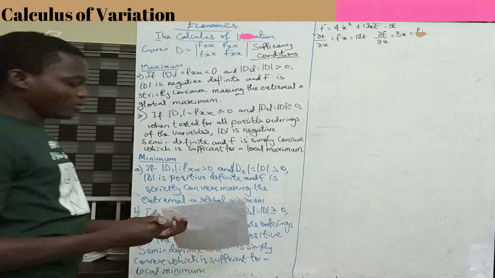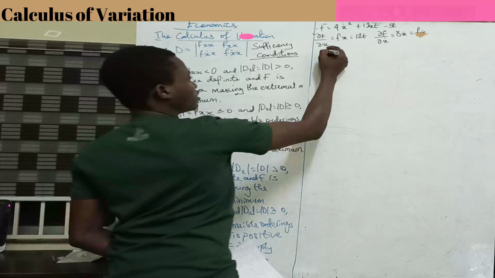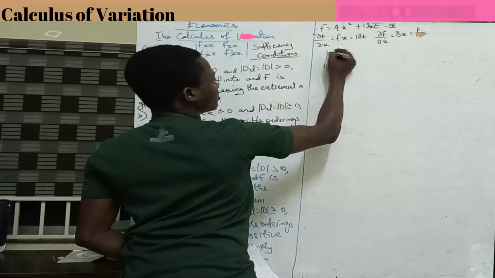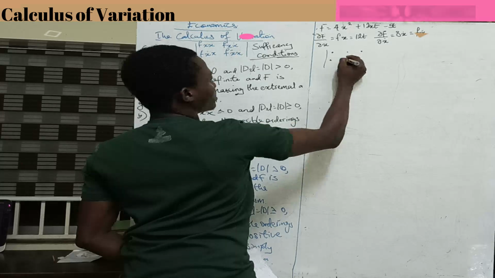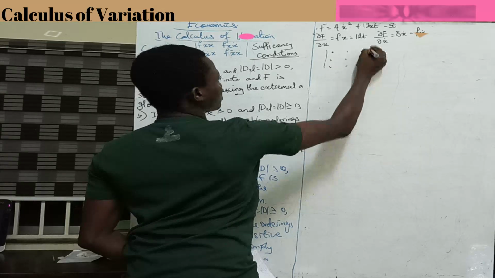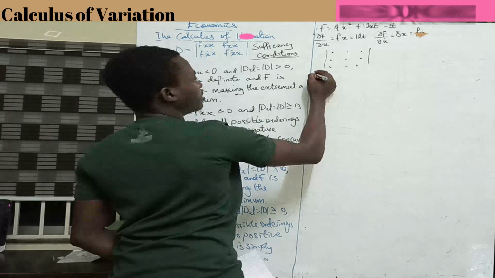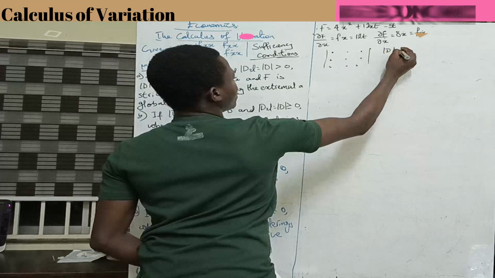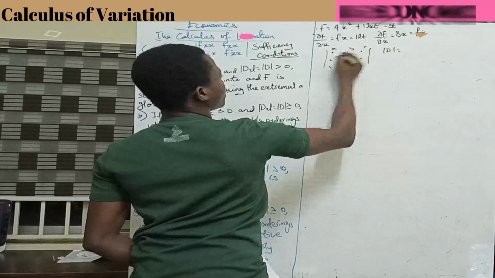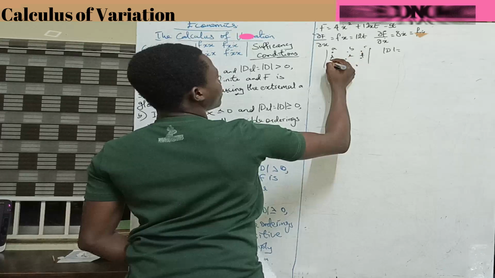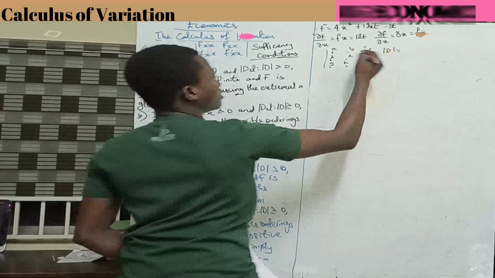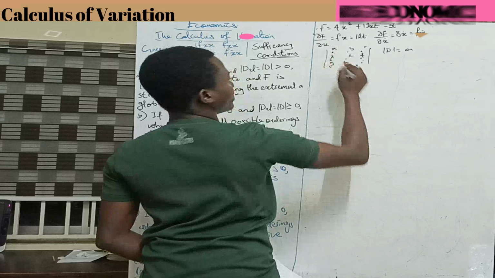When I explain it, let me just talk about it briefly. If you have a number here, number here, number here, number here, let me call these A, B, C, D, E, F, G, H, I. So your D1 is just equal to A, whatever is here.